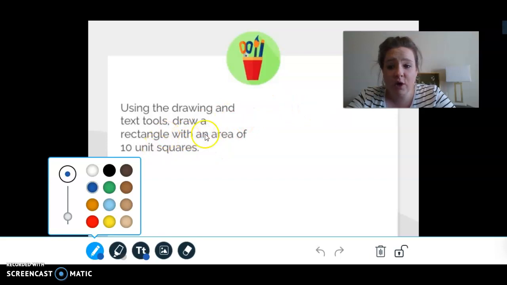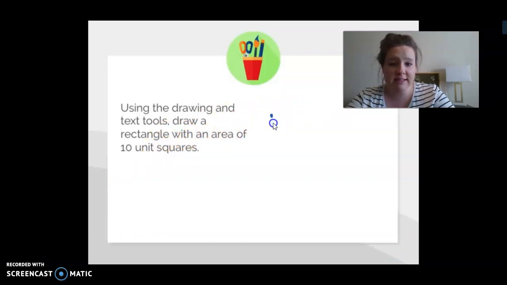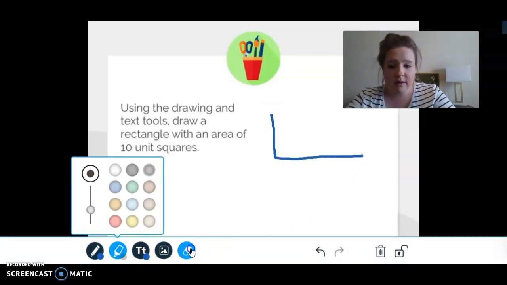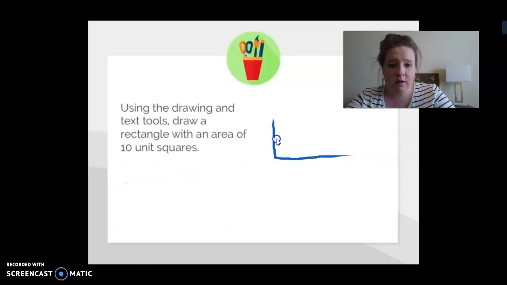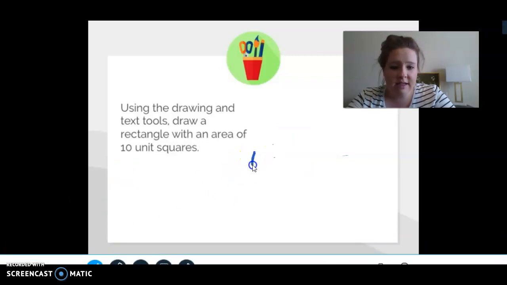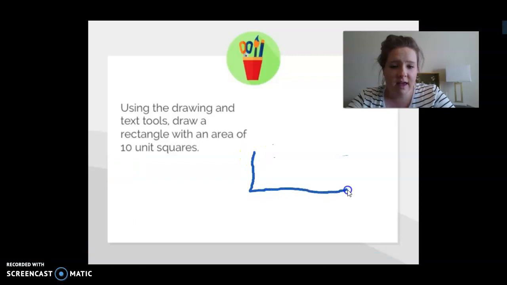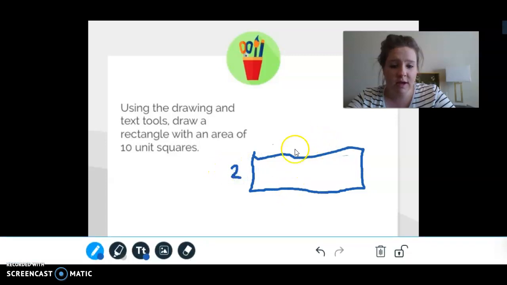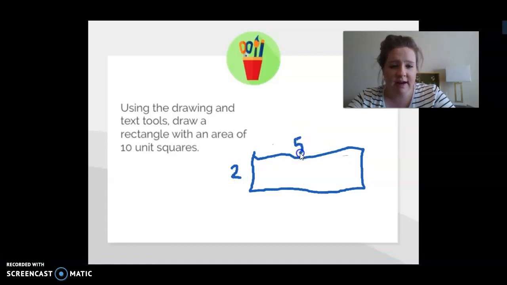So I know that an area of 10 square units, I know that my rectangle, let me move this really quick because I'm going to run into the screen. Okay, so I know that I can have a length and a width of 2 units and 5 units.